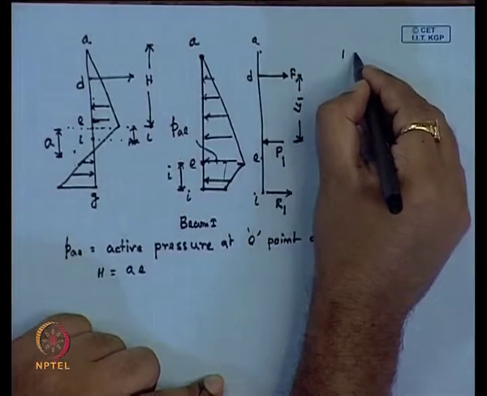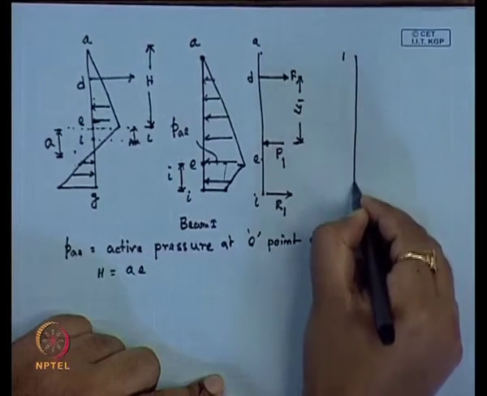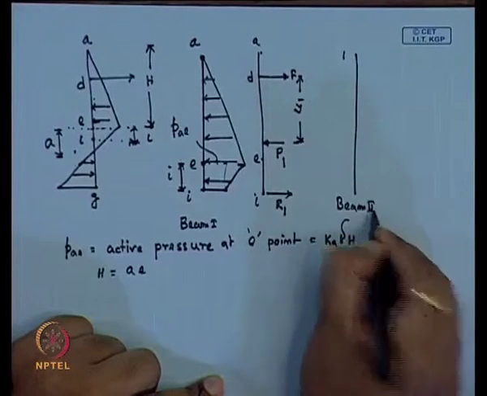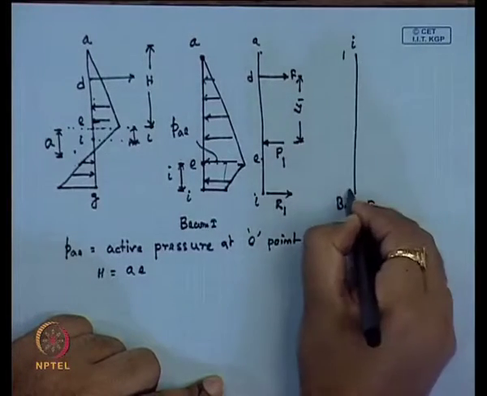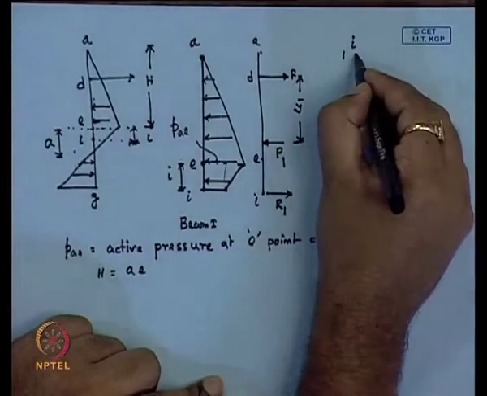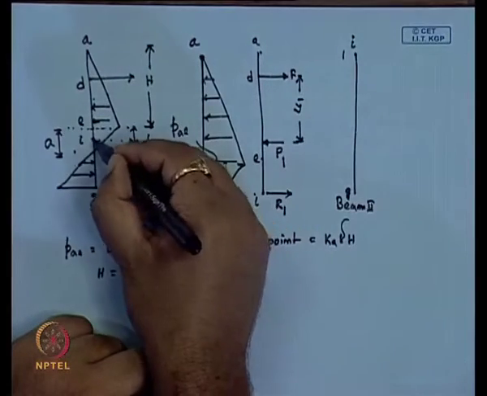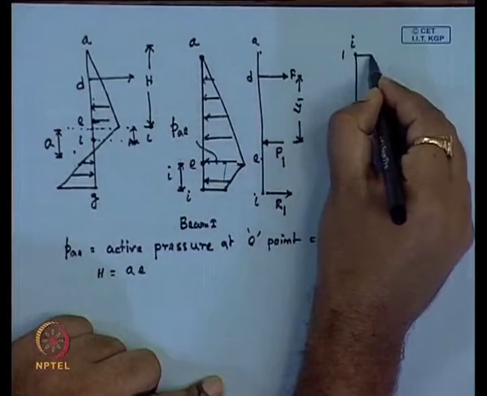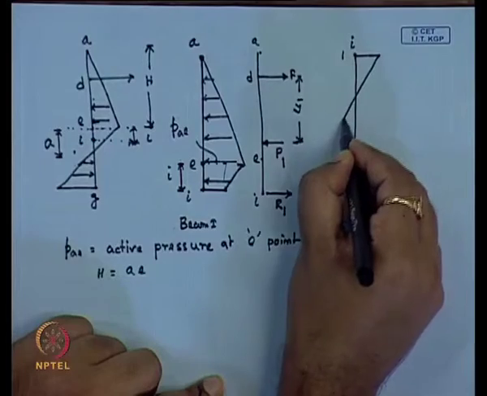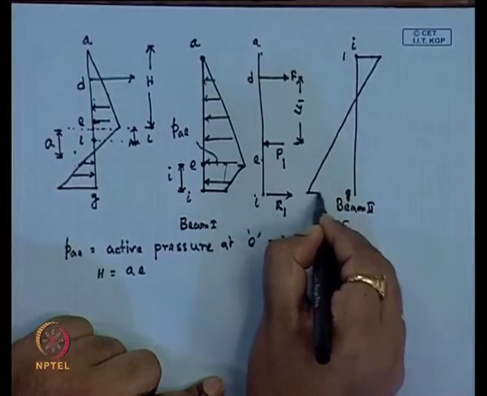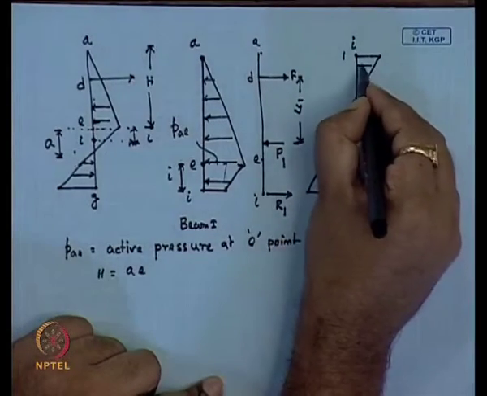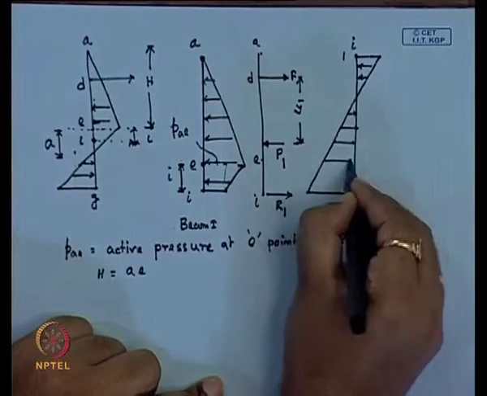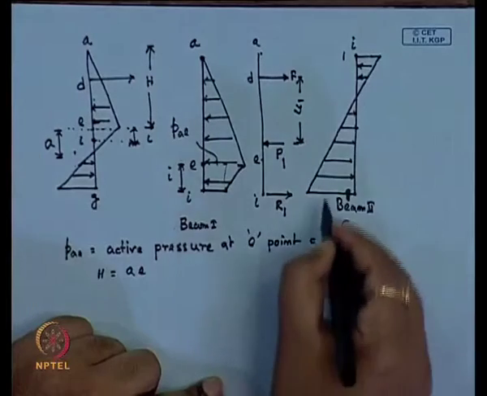Now, similarly for beam 2, which is I to G, where the force diagram is this I to G. So, this is a small portion and this one. Here forces are acting in this direction.